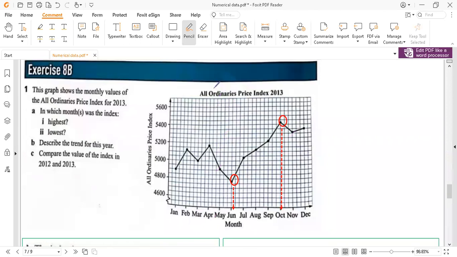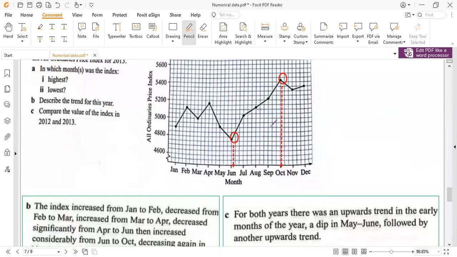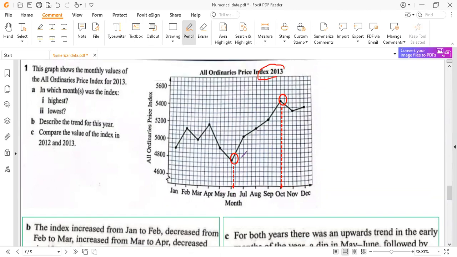We should explain the same way for the same study for 2013 about the All Ordinaries price index along the year. As we see here, we have a peak here and a valley here. In June the index reached its lowest, and in October the highest.